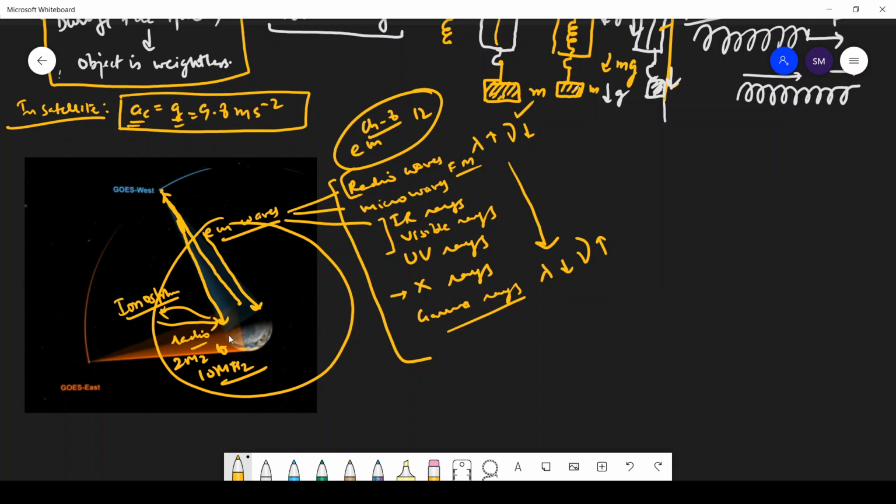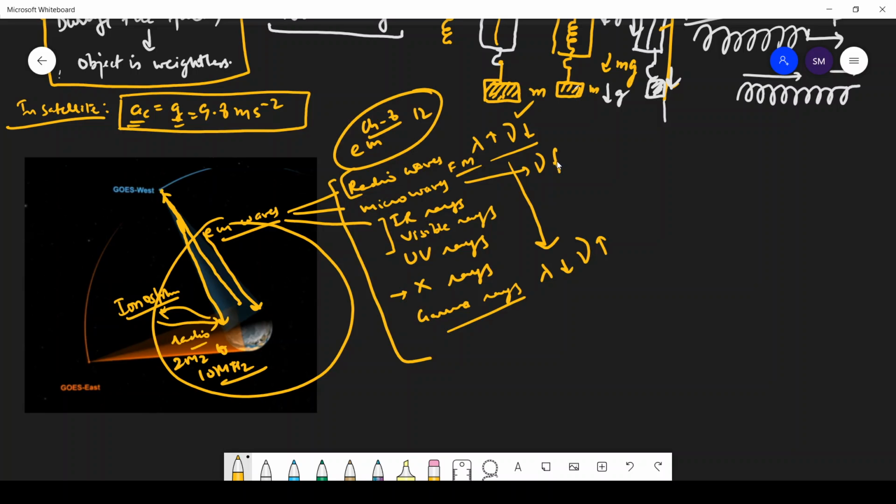These radio waves are reflected from the ionosphere if they are below the critical frequency.